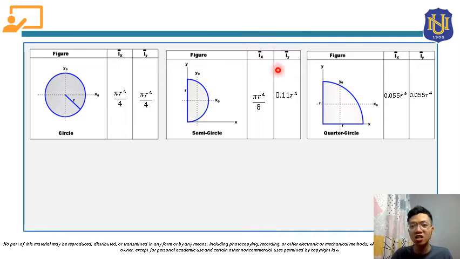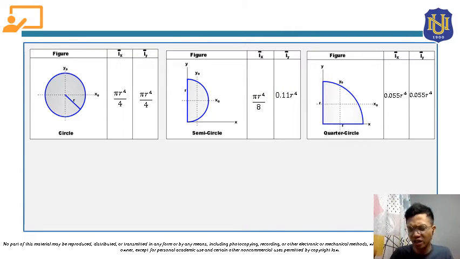As you can see in this table, we did not include the moment of inertia with respect to this x-axis and this y-axis, because there's another, easier way to solve for that: by just using the established centroidal moment of inertia.